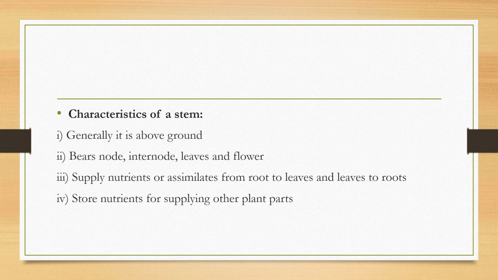So this transportation of the food through the stem from the leaf to the root and from the root to the leaf. So the stem acts like a conduit between the root and other parts of the plant to supply nutrients for them.